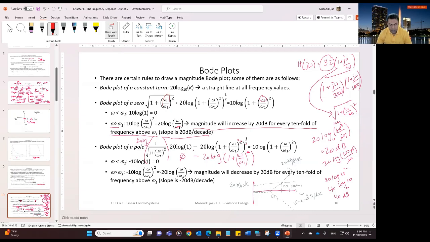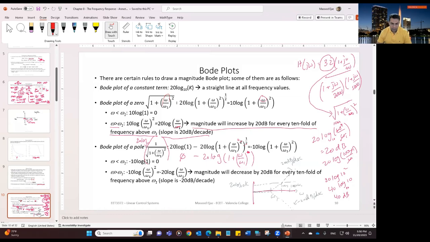And when omega exceeds omega 1, then we assume that 1 is negligible, and it simply becomes 10 log of omega over omega 1 squared, or 20 log omega over omega 1. In that case, as omega increases by 10-fold in frequency, this value increases by 20 decibels.